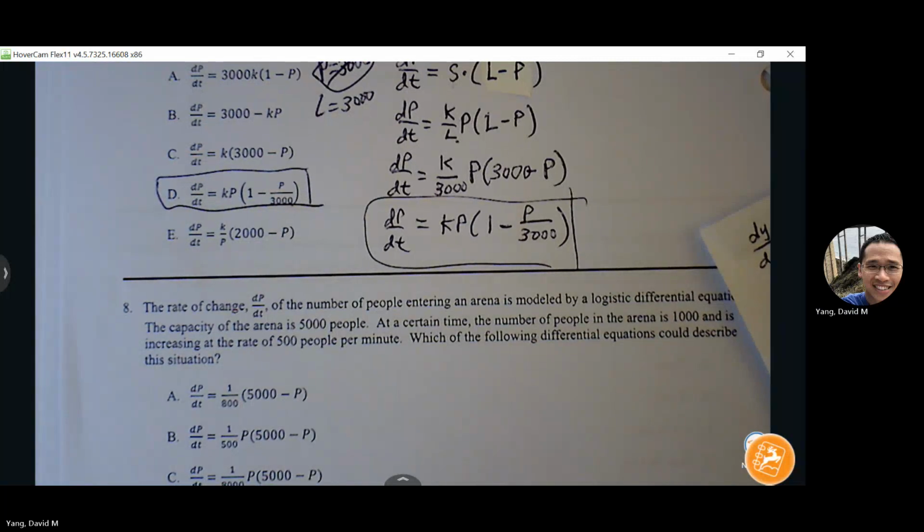Okay, number 9. The limit as t approaches infinity of P of t just represents your limiting capacity. So number 9 is just asking for the L value.